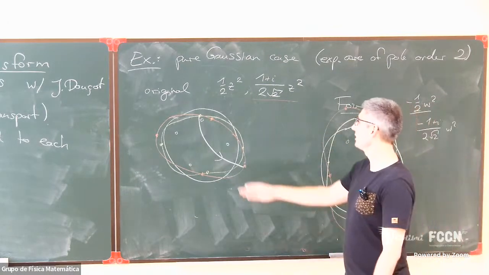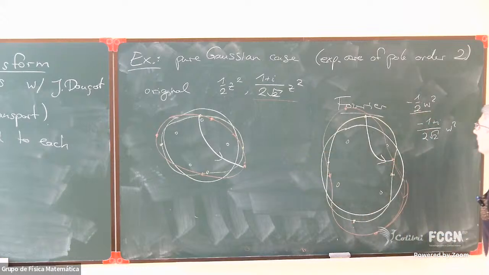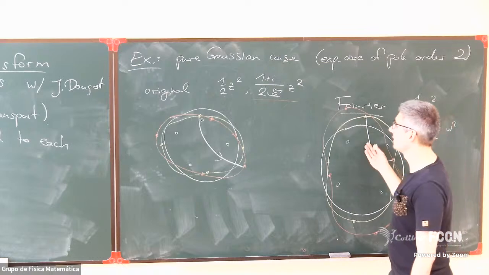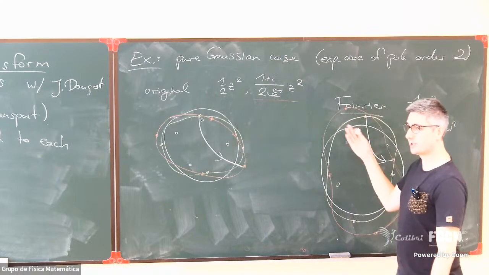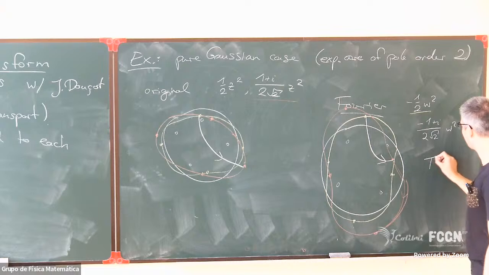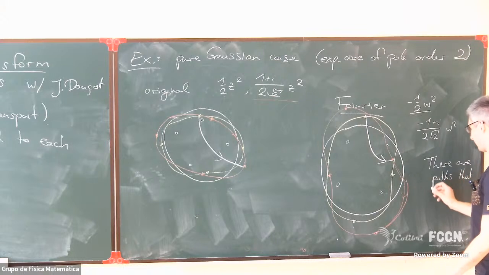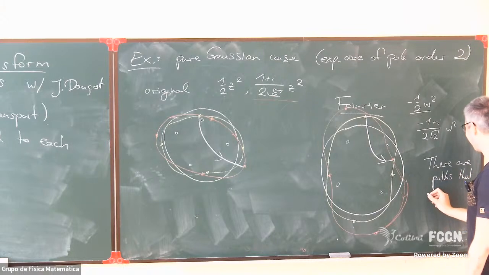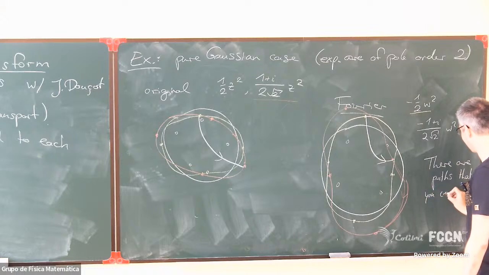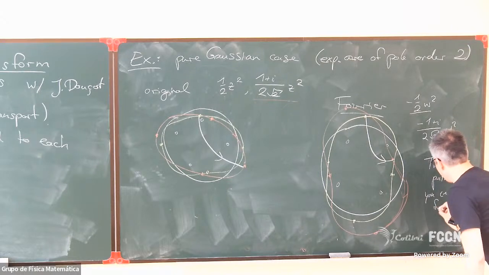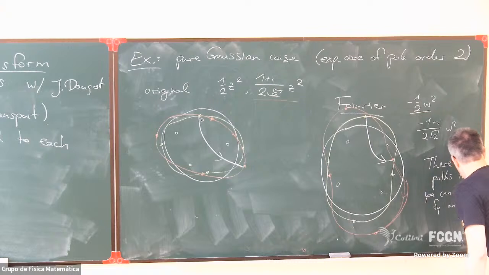So the work of Mochizuki tells you exactly, if you reinterpret it in this language, that there is a certain number of paths that you can identify on both sides.